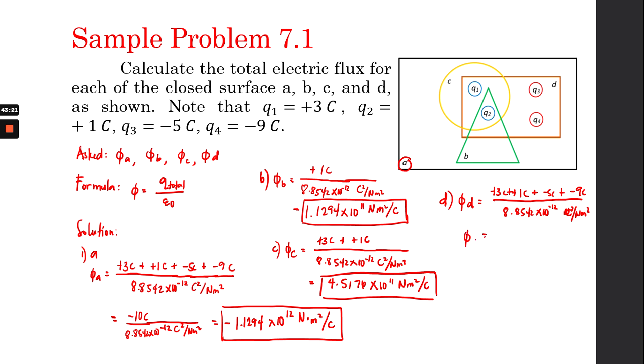So the electric flux for D is equal to the same value as A because they both contain all the charges: negative 1.1294 times 10 raised to 12 newton meter squared per coulomb. So that's how you find the electric flux.